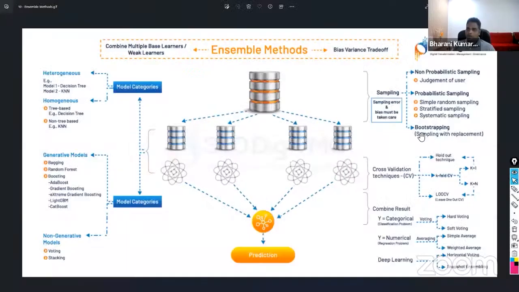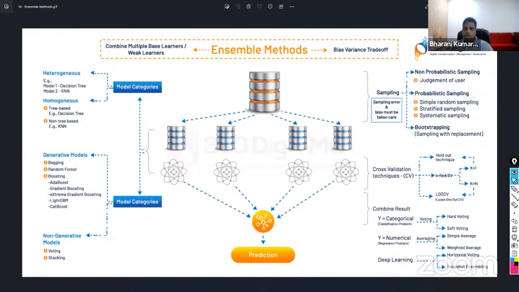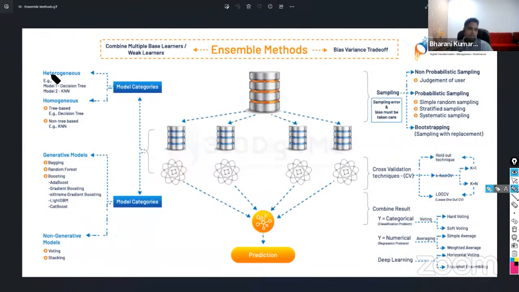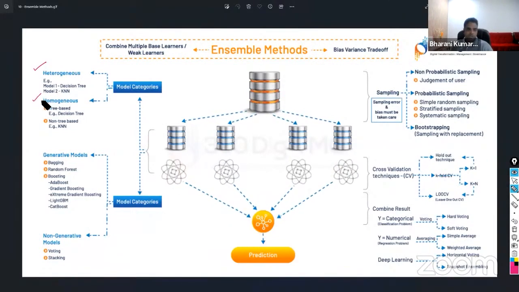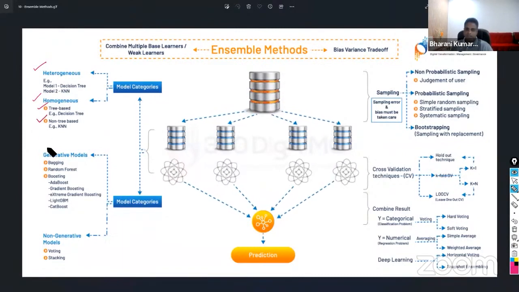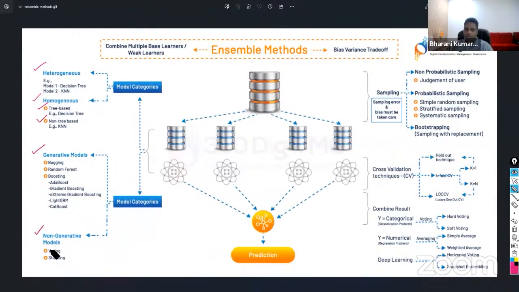And here is one of the beautiful visualizations which we have come up with to help people understand ensemble methods. To answer Nitin's question, when it comes to ensemble techniques, we have heterogeneous models, homogeneous models, tree-based models, and non-tree-based models. Also, we have generative models and non-generative models.